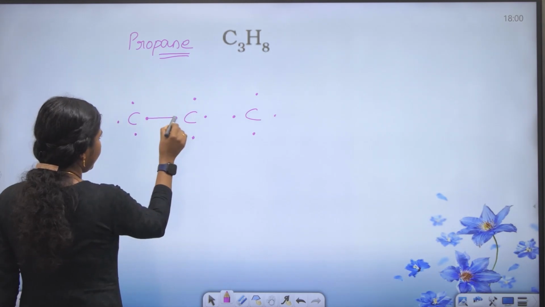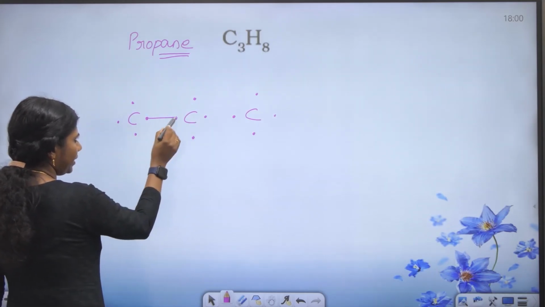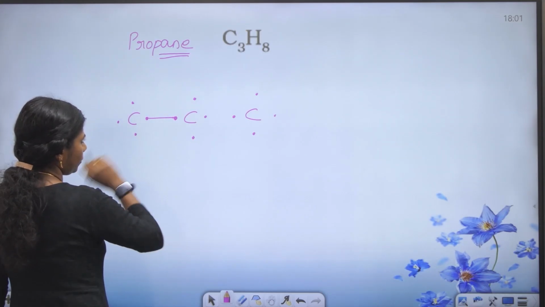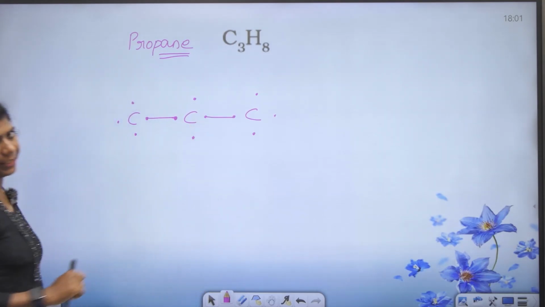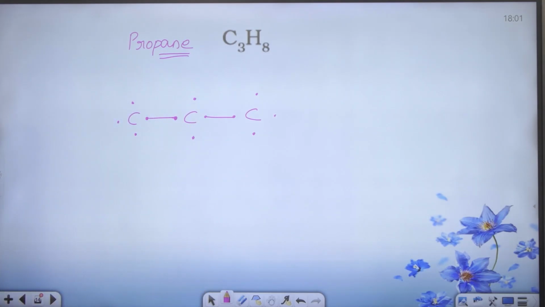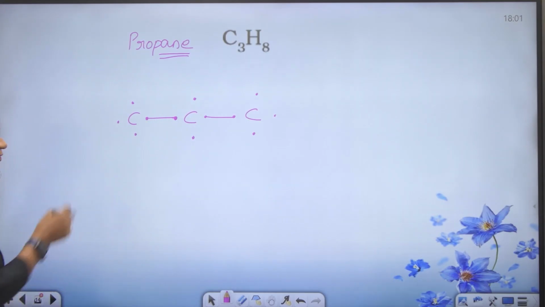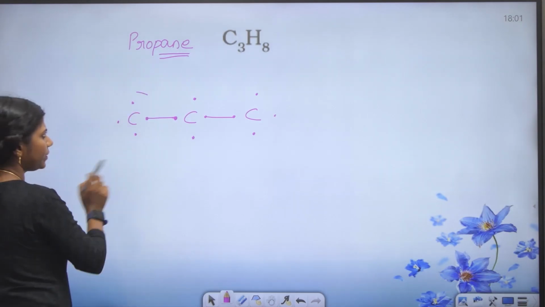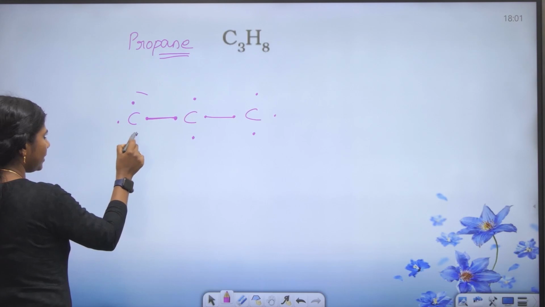The first carbon atom shares this pair of electrons, and this pair of electrons is also shared. Then the valency of the carbon atom is not satisfied. In the first carbon atom, 3 valencies are not satisfied.